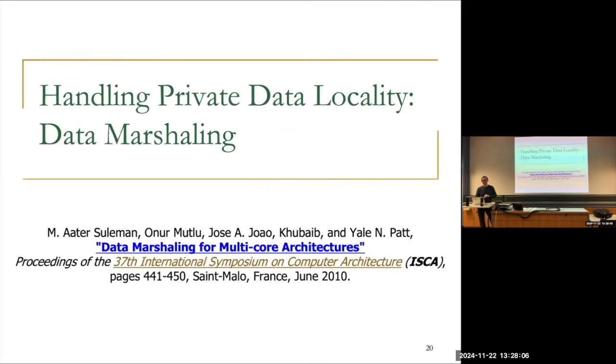Okay, now we're going to tackle another issue, which is actually something that had been bothering us while we were doing a lot of this work. The bothering part is really this private data locality that we discussed yesterday, right? What we do when we accelerate a code section is we keep the shared data and shared locks in the same cache, because you accelerate the important code sections on the large core.